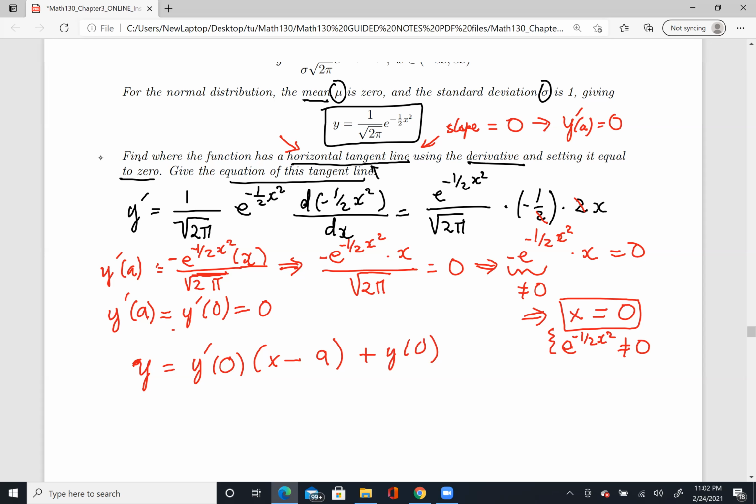Yes. What we need to have right now is y of 0. What is that going to be? So let's find y of 0.